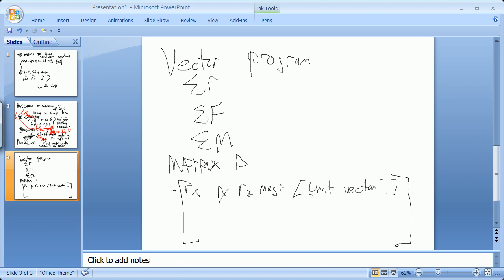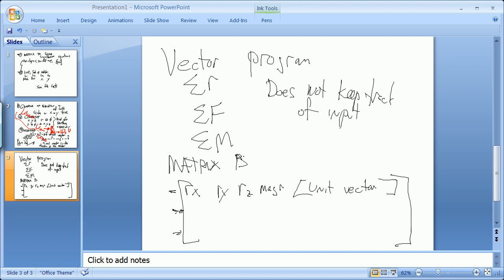The first position is the radial vector sum. The second position is the force vector sum, and the third one is the moment vector sum. Very large. What this does not do, however, it does not keep track of input.